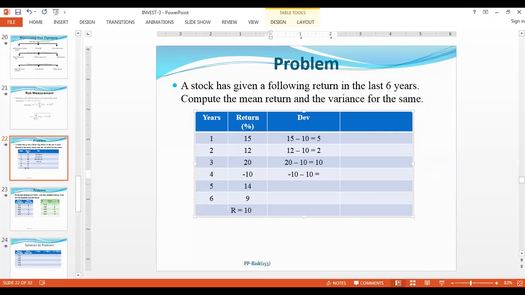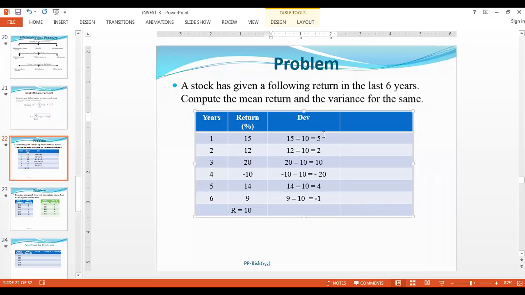What's your answer? Minus 20. Next, 14 minus 10. What's your answer? 4. Next, 9 minus 10. What's your answer? Minus 1.